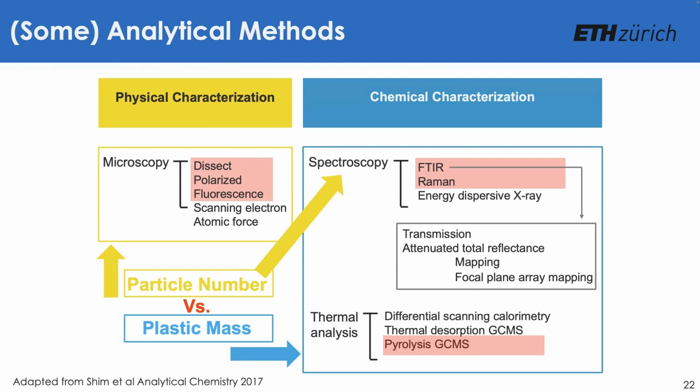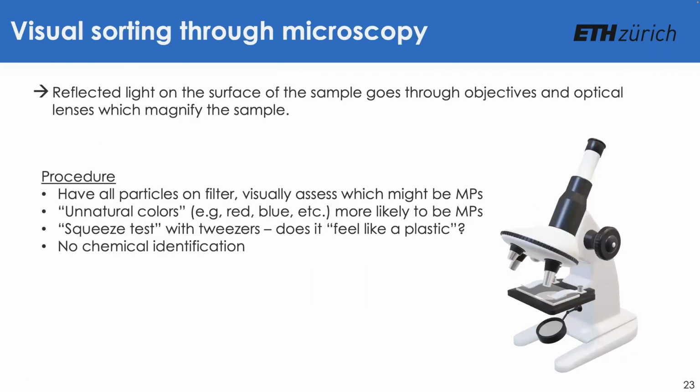So if we start with the most basic type of analysis, just visual sorting through microscopy, I'm sure many people from basic biology class have used an optical microscope before. And so the concept is very similar, that you would just have all of your microplastics, which are put under the microscope.